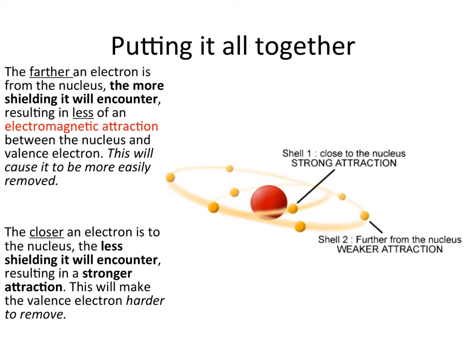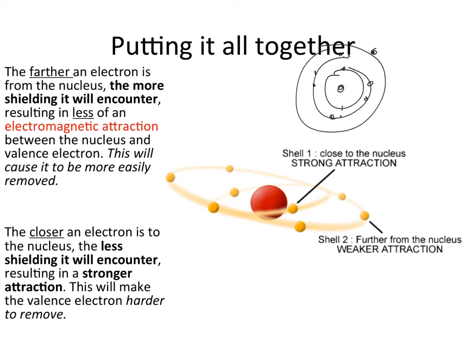So ultimately, if we try to put it together, what we see is that the farther an electron is from the nucleus, the more shielding it will encounter. Okay? Because remember, if we have a nucleus, we have all these levels, the only way that an electron can get farther is by being on a larger energy level or energy shell. That means all the inside shells have to be full before it can get out there.